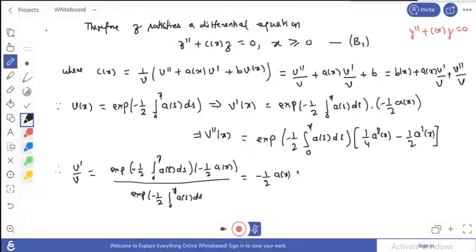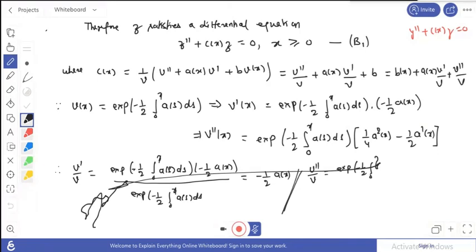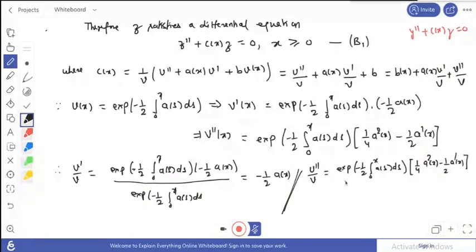Okay, and what is your v double prime by v? V double prime by v equals to this is v double prime. So this is exponential of minus 1 by 2 integral 0 to x as ds multiplied by 1 by 4 a square x minus 1 by 2 a prime x, this thing, divided by v.